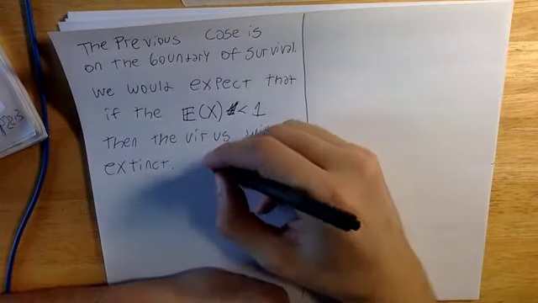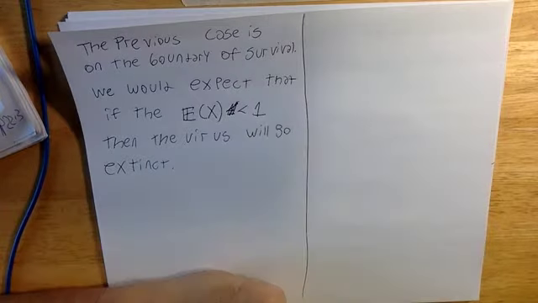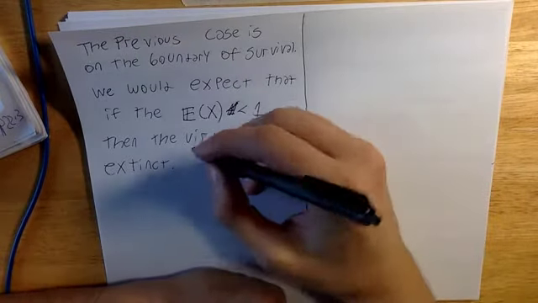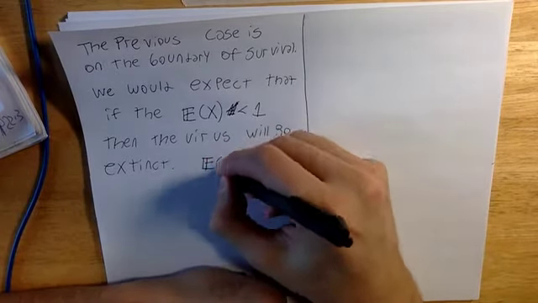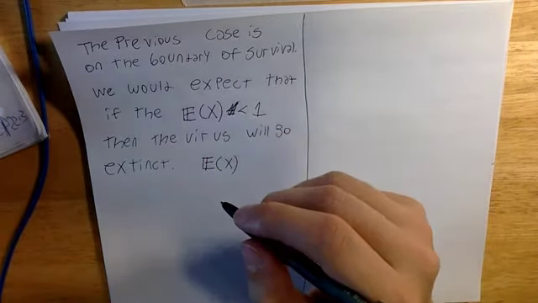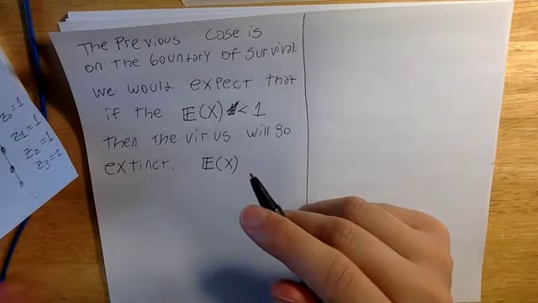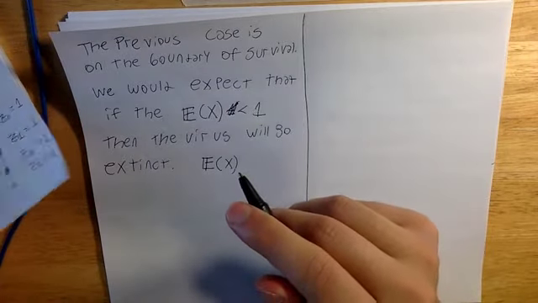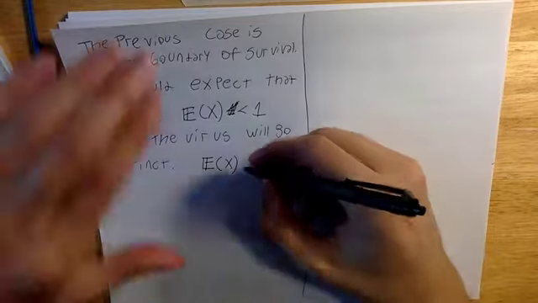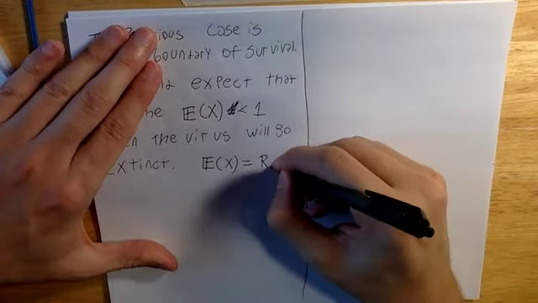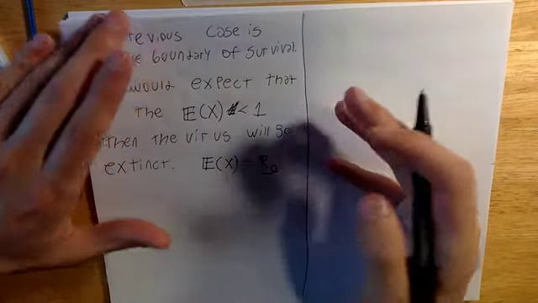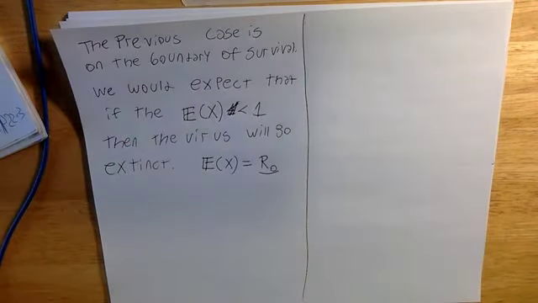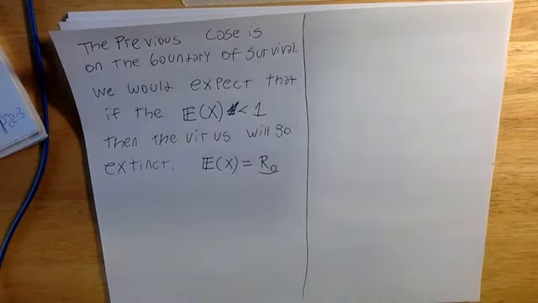I'm not sure how familiar you are with the models that have been in the news. Here, this E of x, the expected number of people infected by a single person, is what they call R0. When R0 is bigger than 1, we expect this process to grow exponentially, and when R0 is less than 1, we expect this process to go extinct.